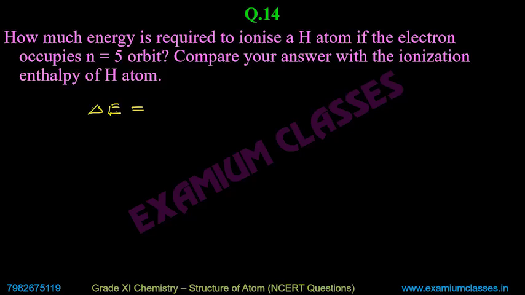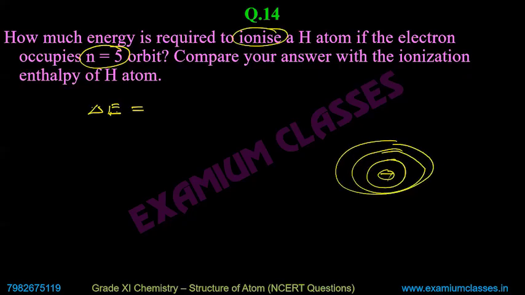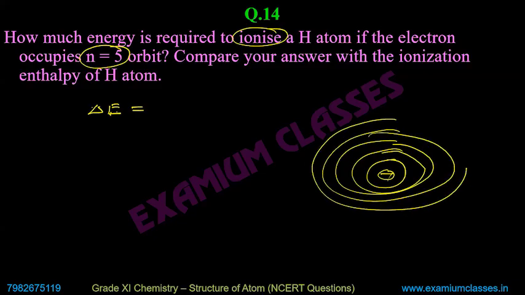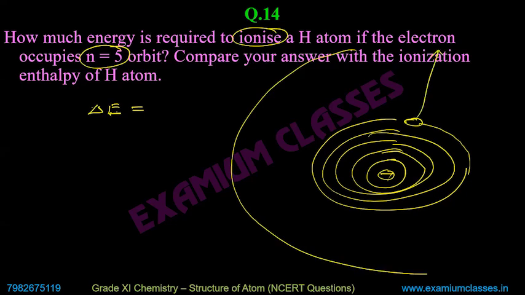You calculate E5 and for ionization, E infinity. So if this is in the fifth orbit, and we have to send it to n equals to infinity, that is ionization from n equals to 5 to n equals to infinity. So there are two ways.